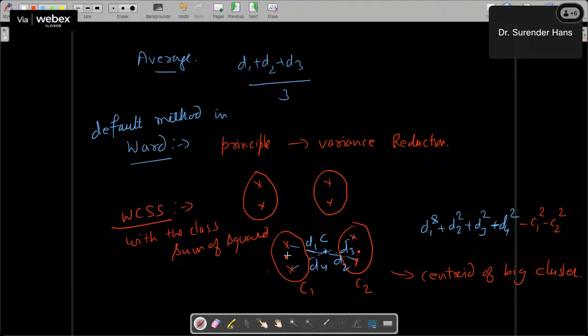So this one is c1 and this one is c2. Okay, and here this one is a1, this one is a2. So now minus a1 square minus a2 square. So this one is the WCSS of the big cluster.